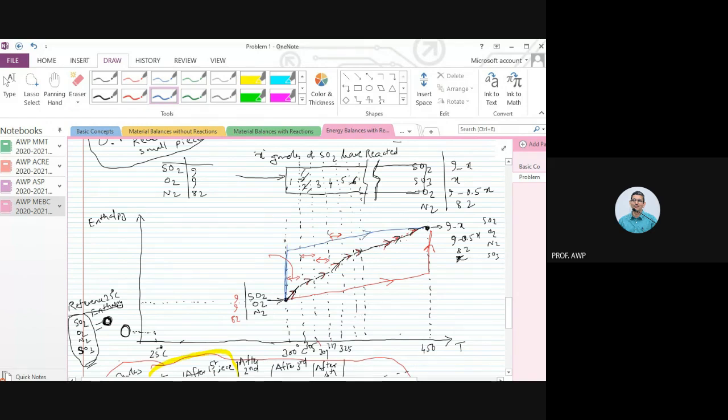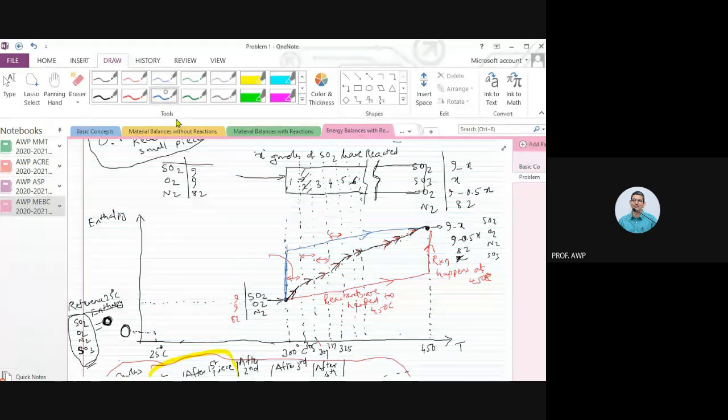In the red path, what is happening is that reactants are heated to 450 degrees centigrade and the reaction happens at 450 degrees centigrade.